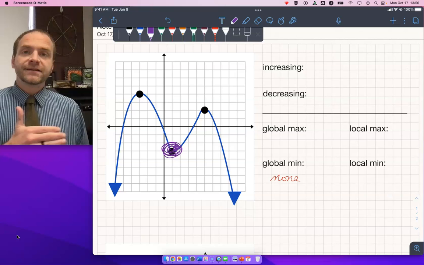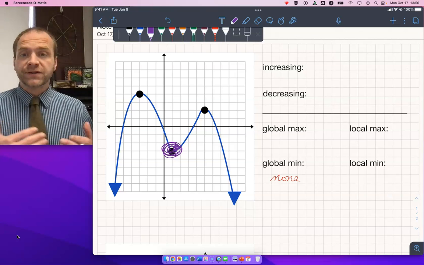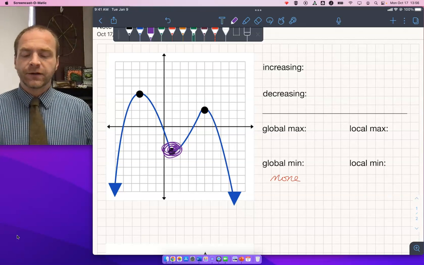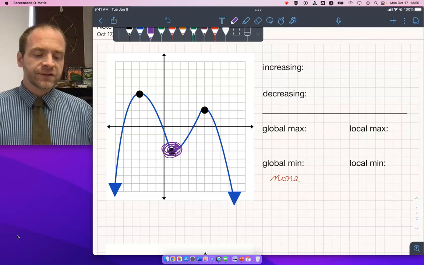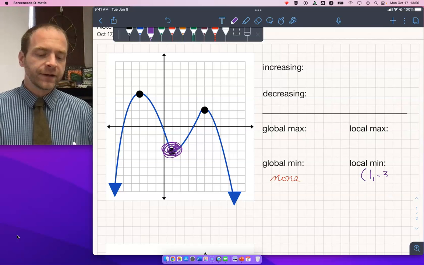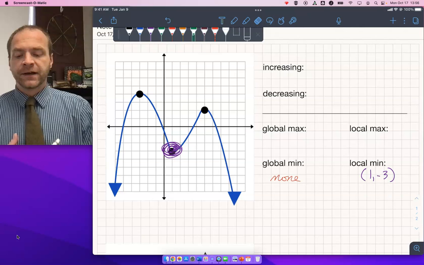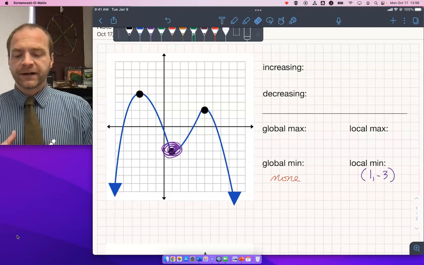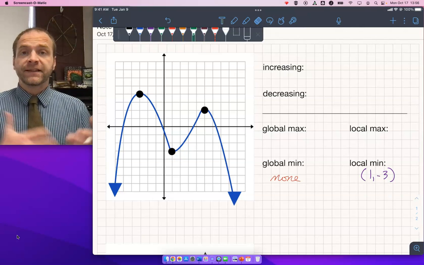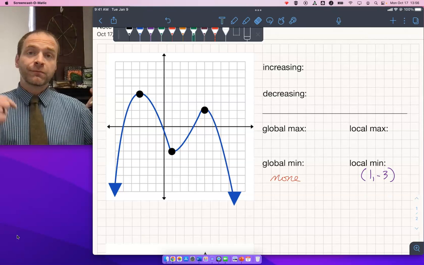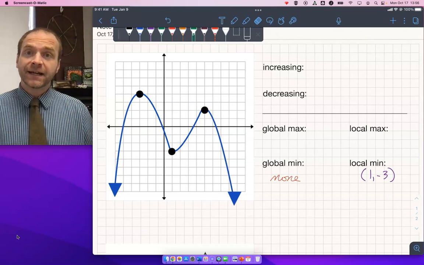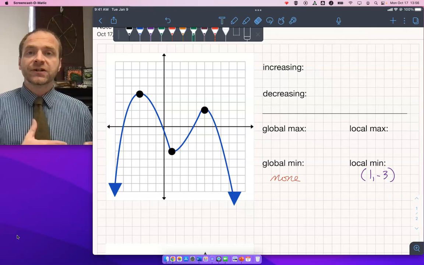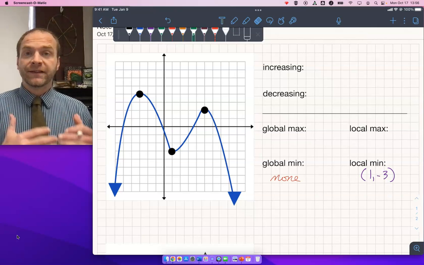But the problem is, it's not global, it's local. That looks like the coordinate (1, -3). So it has (1, -3) as a local minimum. So there's no global, but there is a local. And that's what you have to keep in mind. If arrows are pointing the same direction, that's a tip: there's no global in that case.